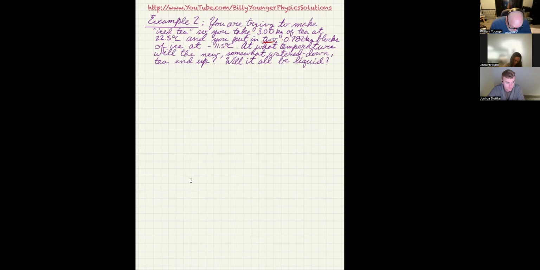With that in mind, it says, at what temperature will the new, somewhat watered down tea end up? And will it all be liquid? That's a big consideration here because you actually have a bunch of different things that could happen, and you got to figure out which one's going to happen to make the calculation right. So what I'm going to do is see exactly how much heat it would require to bring this 3 kilograms of tea down to 0 degrees Celsius.